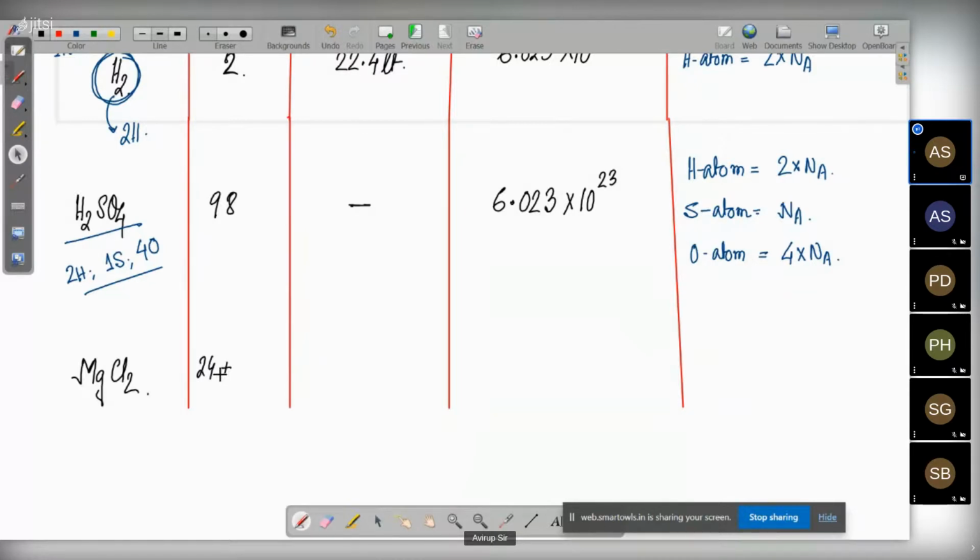Chlorine is 35.5 into 2, that is 71. So it comes to 95. So the molecular weight of magnesium chloride is 95, and 95 grams of magnesium chloride has Avogadro number of molecules.